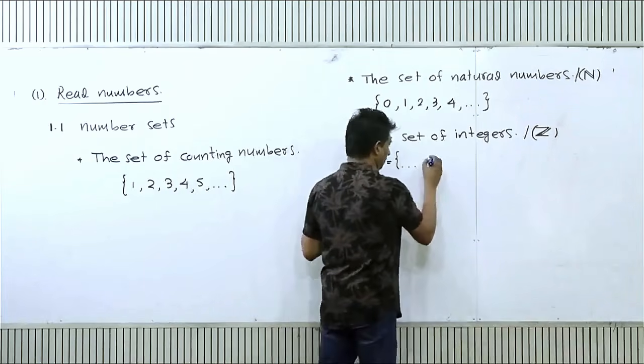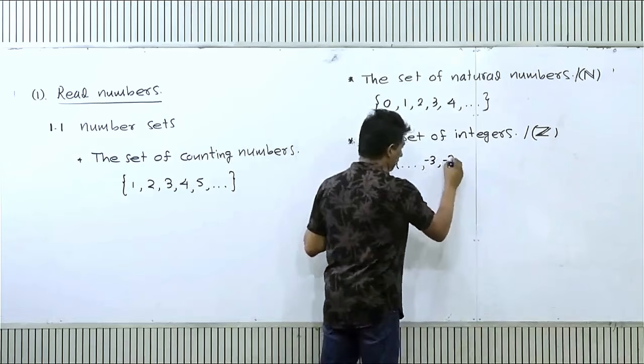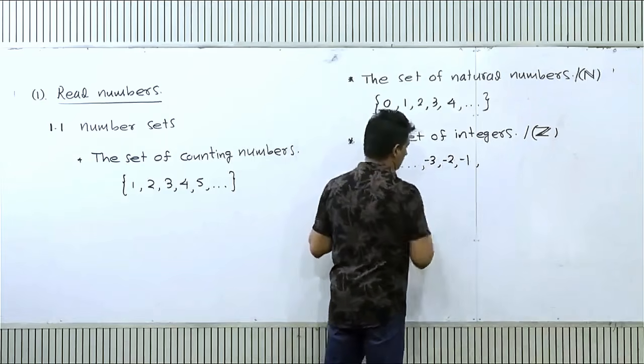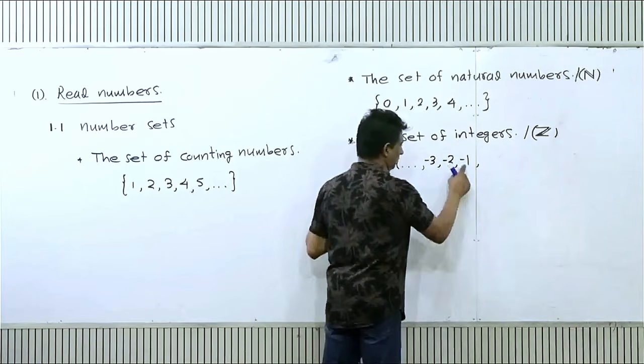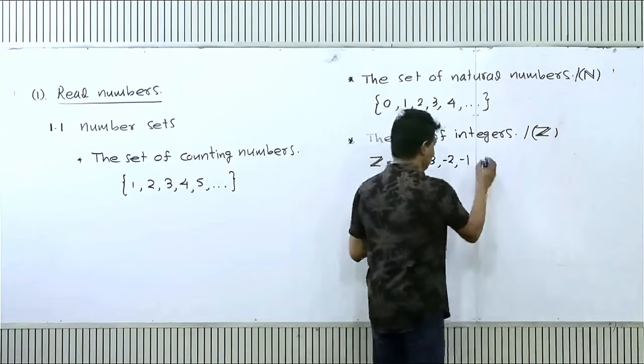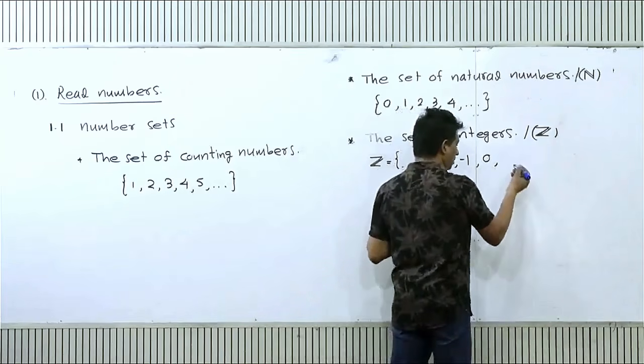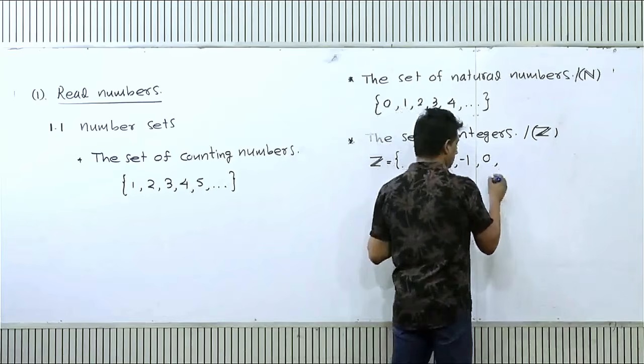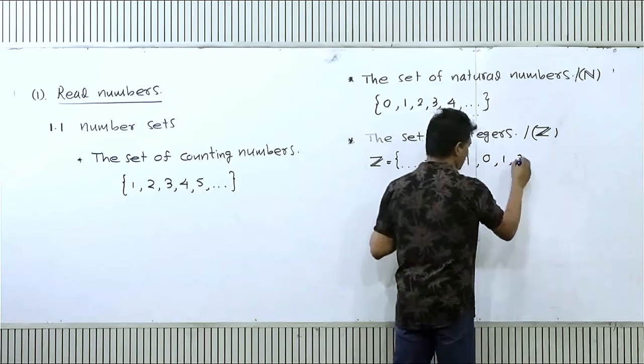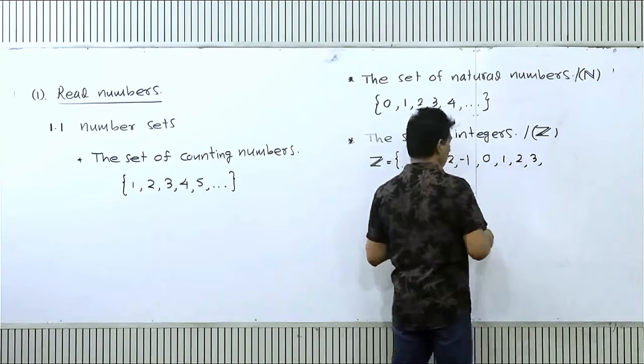Then by putting a comma, we write a few negative whole numbers, -3, -2, -1. Then we write 0. After that we write some positive whole numbers, +1, +2, +3, like that.